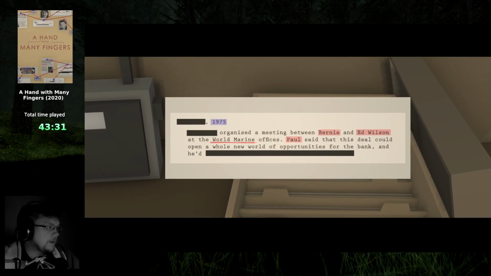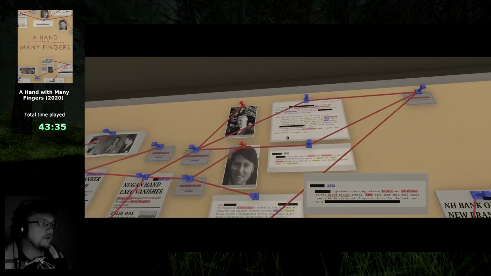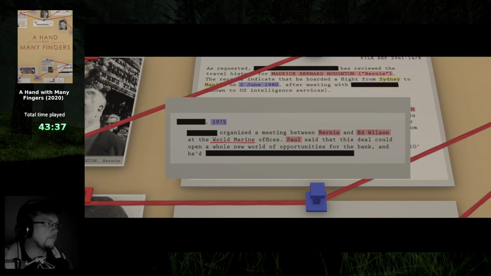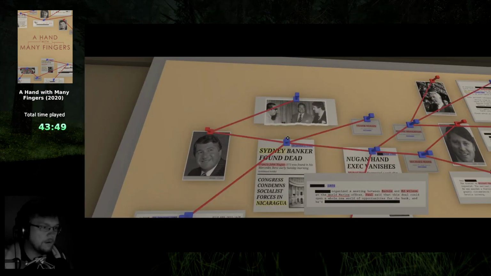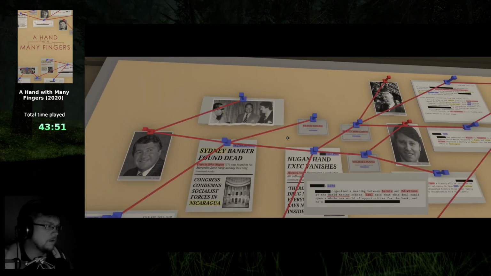An organized meeting between Bernie, what's your last name, Bernie? Houghton and Wilson, the World Marine officers. Paul said that this deal could open a whole new world of opportunities for the bank. Paul Hand? No, Michael Hand.